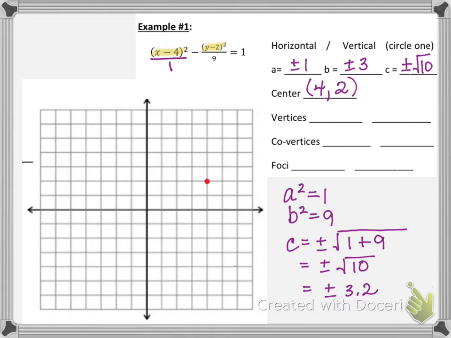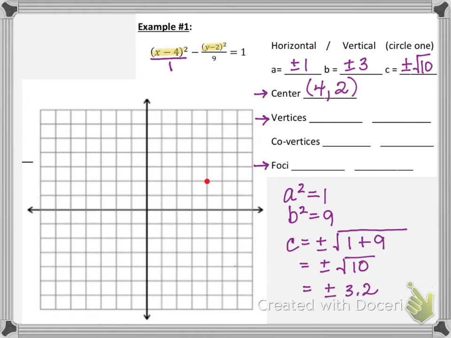Okay. Now, the vertices, let's remember this. The vertices and the foci and the center, remember, those made up our 5 points. Center is 1, vertices 2, foci 2. All those were 5 points, and they sit on the transverse axis.